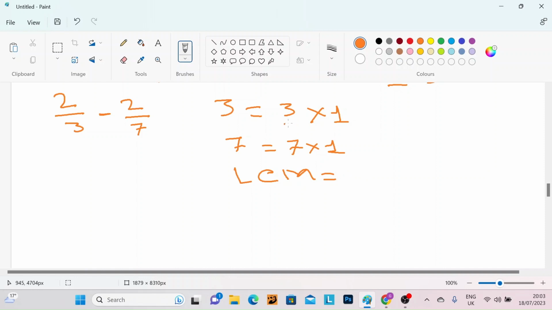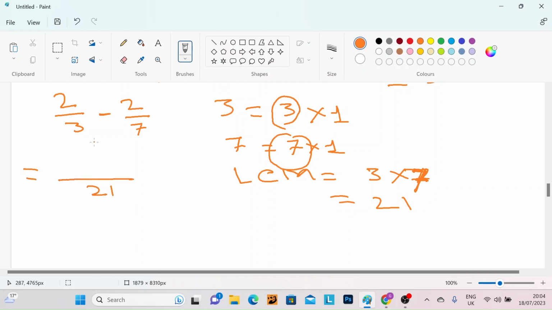equal to 3 times 7, 21. So we found the common LCM, which is 21.